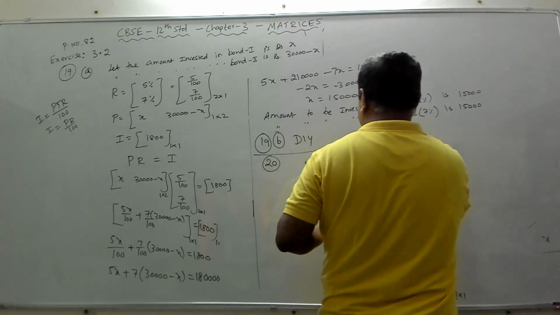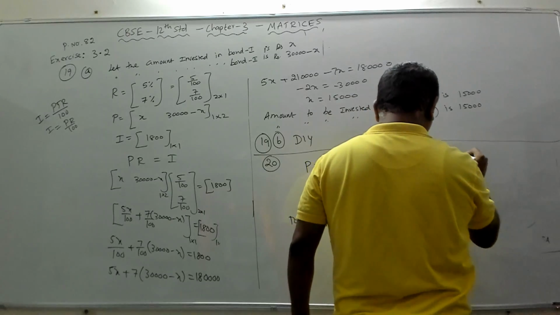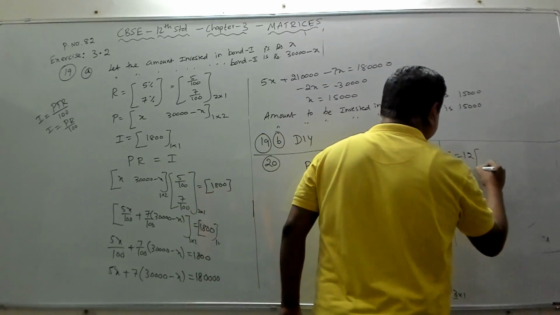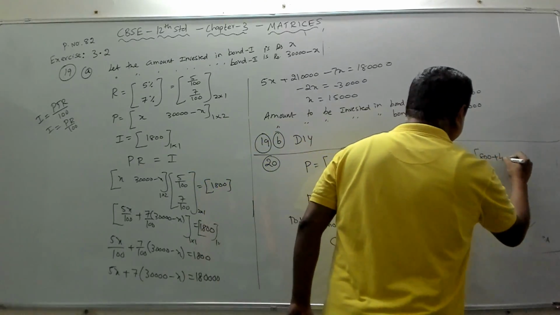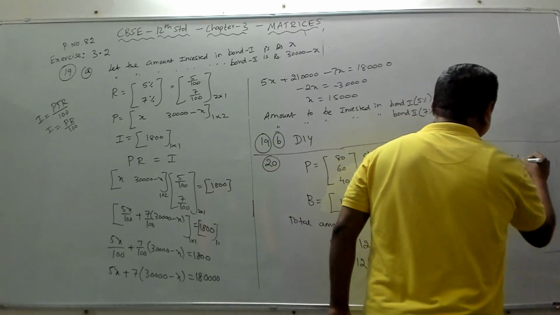If you multiply, your C will be equal to 12 into, 10 into 80 is 800, plus 8 into 60 is 480, plus 10 into 40 is 400.